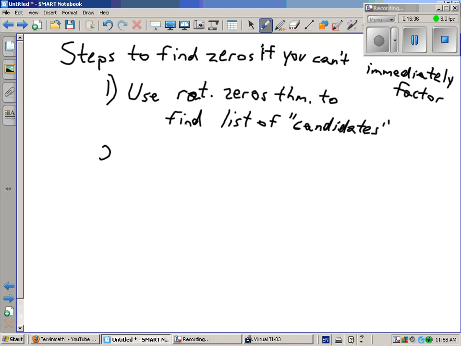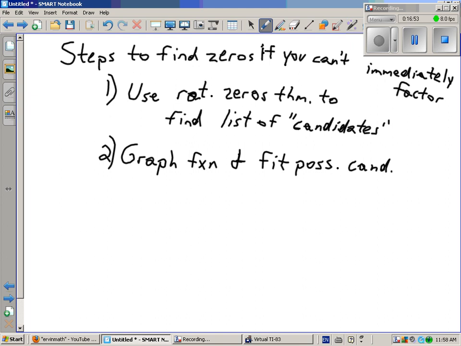Next up, you want to graph the function using your calculator and fit your possible candidates that look like they might fit. For example, when we graphed that earlier one, it looked like one might be a zero.